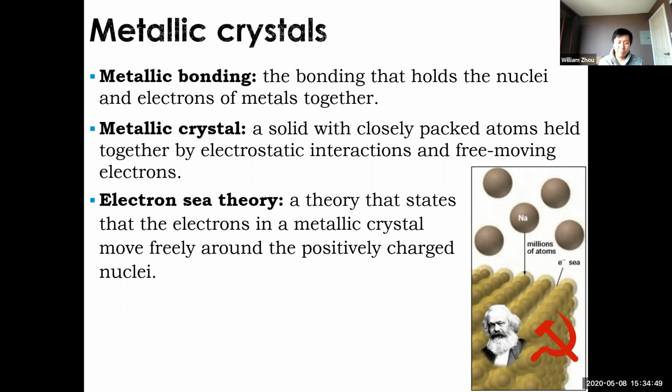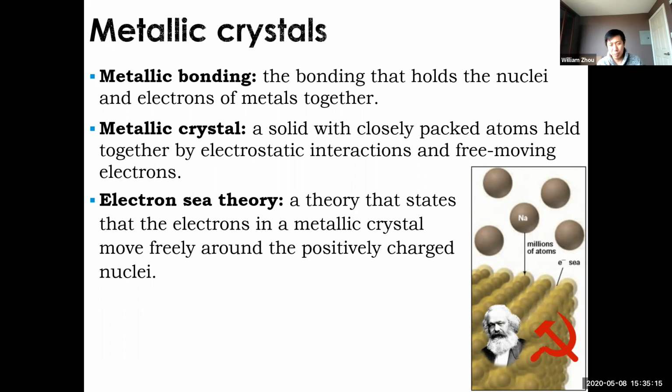So they're not private properties of that individual atom anymore. It's now a collectivization of all the electrons, and they are free to move around in the metal. So it's as if you have a bunch of protons in a sea of electrons. That is the electron sea theory. So if you collectively own all of the electrons as a group, you are metallic bonding.